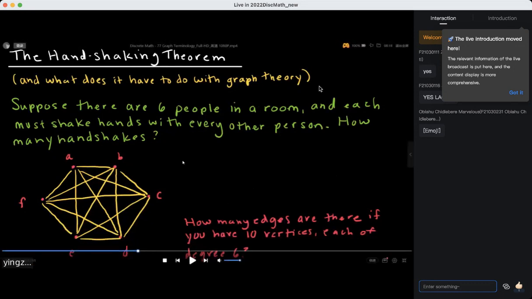But if we translate it into graph concepts, then a handshake can be seen as an edge H. If A shakes hands with B, then we can connect A and B using H. And if BC or BD have a handshake, that means we're using an edge.